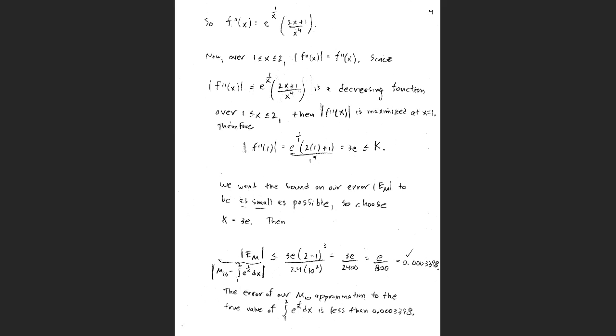So, if we just think about drawing a function, but in this case, I'll draw a decreasing function, and I'll call it the absolute value of the second derivative of x.